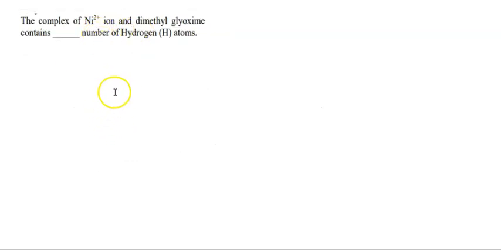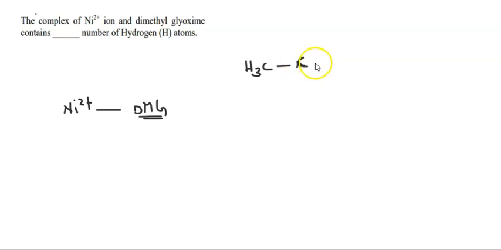The complex of Ni2 plus and dimethylglyoxime contains how many hydrogen atoms? In practical chemistry, nickel 2 plus can be identified by DMG, dimethylglyoxime. The dimethylglyoxime structure can be written as CH3 single bond C double bond N single bond OH, single bond C single bond CH3 double bond N single bond O minus.